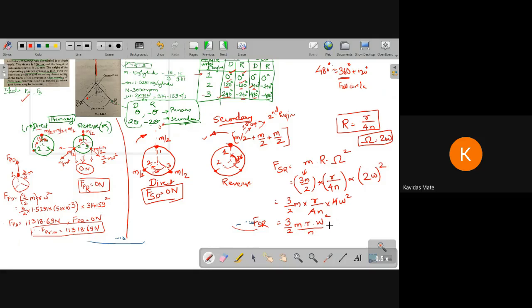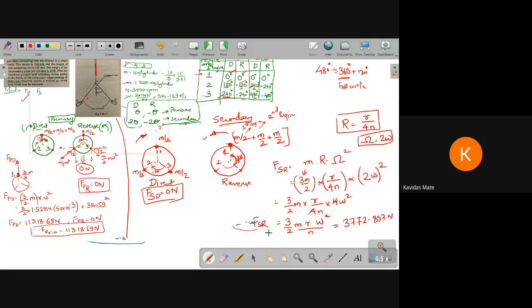So if you substitute the values based on this particular data, you will get the final answer. And the final answer is the value of this will be equal to 3772.897 Newton.